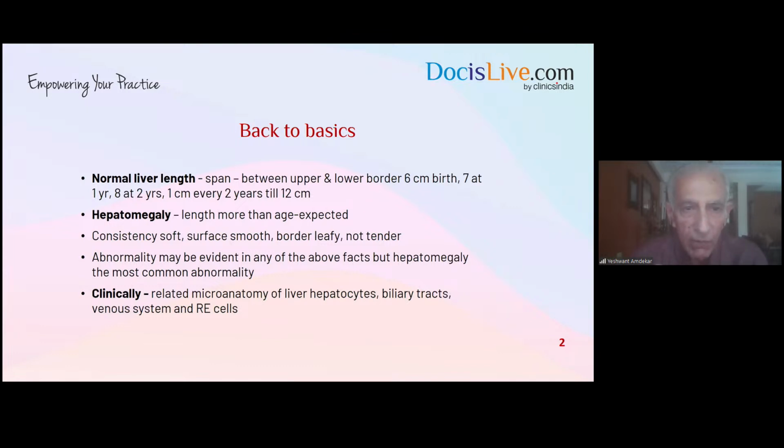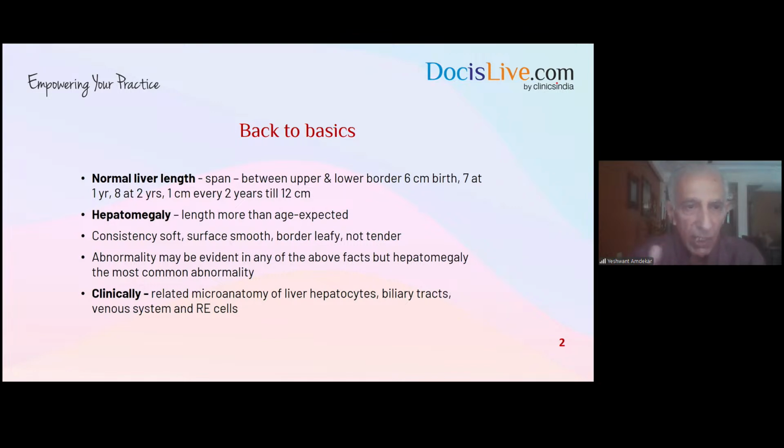And the span of the liver generally varies from 6 centimeters at birth to almost 12 centimeters in older children and adults. And roughly, it increases by 1 centimeter in the first 2 years. So it becomes 7 centimeters at 1 year and 8 centimeters at 2 years.